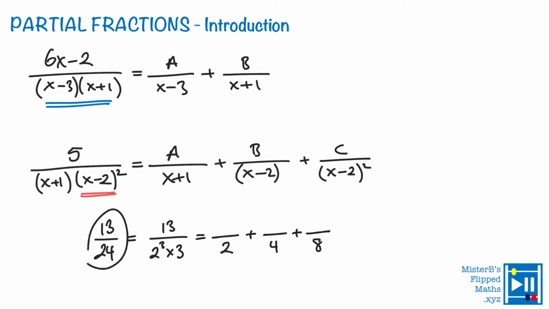By looking at 13 over 24, I can't tell which or if all of these fractions are involved in this addition. And certainly there must be a fraction with the denominator 3, so that we are going to end up with 24. That is why I have to consider every single possibility: either I have this, or I have these two together, or maybe I have all these 3, maybe I have only these 2.